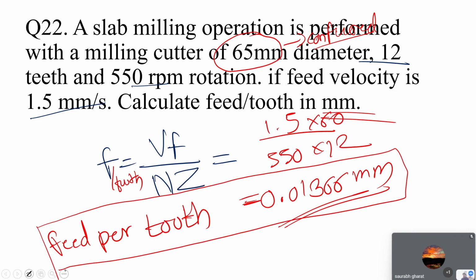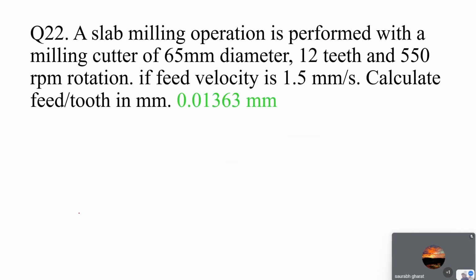This is the simple formula you have to use and calculate the answer. This is RPM, this is the number of teeth. So this is your answer, 0.0036.